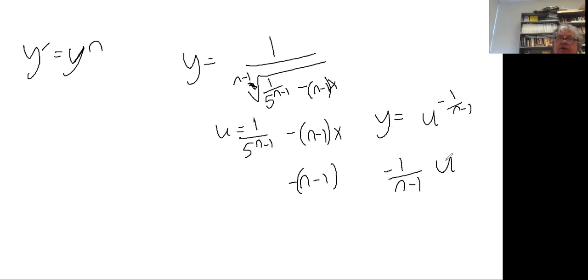Okay, and so now we subtract 1 from that. So we subtract n minus 1 from that. We get n over n minus 1. And so when we multiply things together, this cancels with that. And so we're left with our y to the n. So we get y prime equals y to the n. And when we set x equals 0, we get 5.